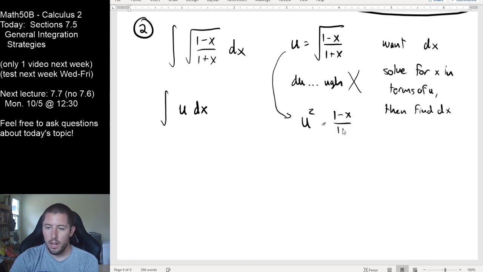We're about to go on a hefty algebra adventure here. So I'm going to solve this guy for x. I'm going to multiply out the 1 plus x, get all my x parts together, so x goes to the left, u squared goes to the right.